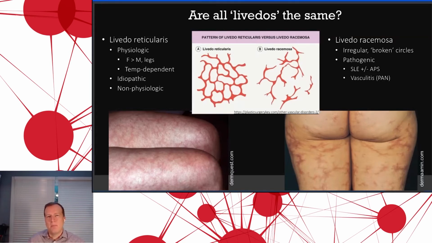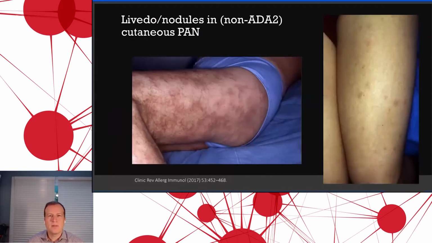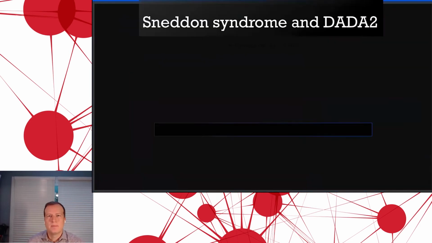Livedo racemosa pattern is also very commonly associated with PAN type of vasculitis, and then also classically associated with the phenomenon known as Sneddon syndrome. And so just to show you an example of, again, this broken pattern of livedo in a patient who does have cutaneous PAN. This is not a patient with ADA2 and the typical nodular lesions as well.